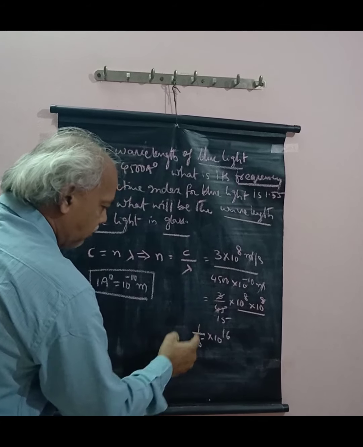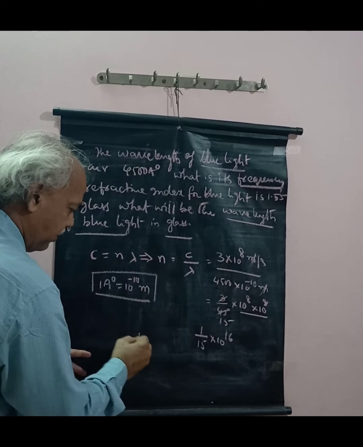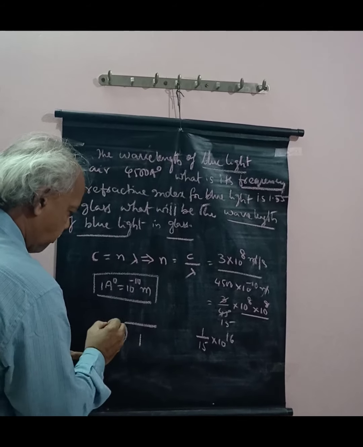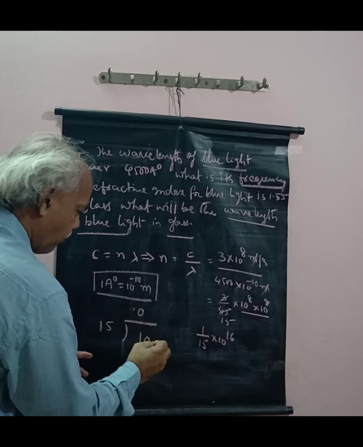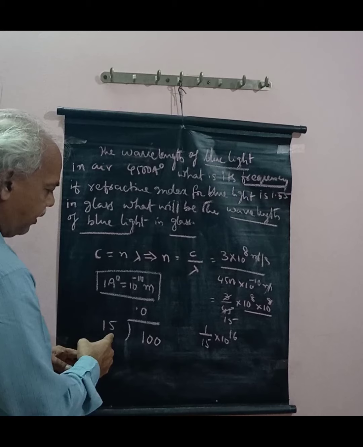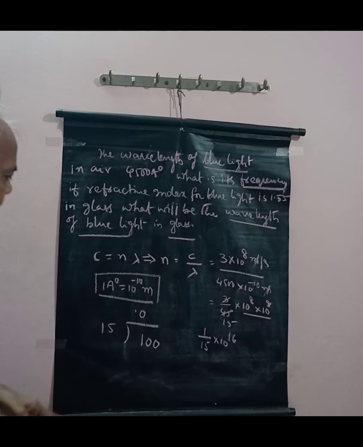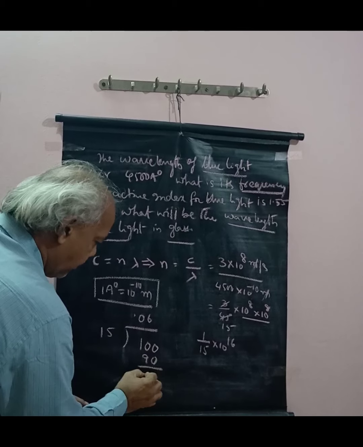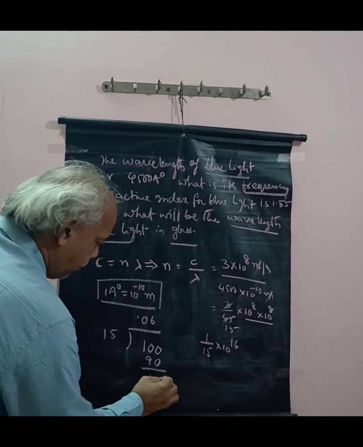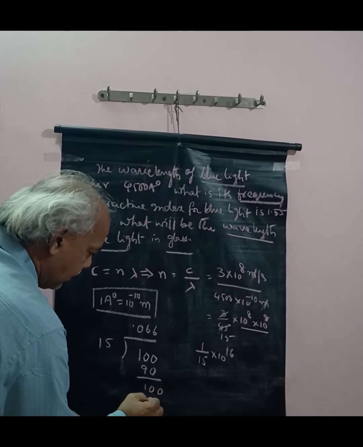And what is the 1 by 15 value? Dividing, 15 into 6 is 90, and again 10, 0, 6, 90.